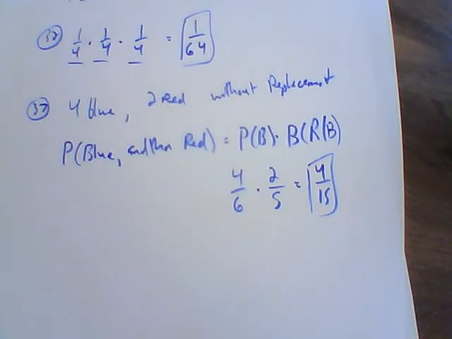Also within the description, try to figure out, do you have multiple things going on within one event, or are you talking about 2 completely different trials that you're working with? So those different trials, that's generally where that multiplication comes into play versus that addition. Now, it's not always like that, so don't quote me that that's how it has to be, but that's a nice indicator that we can start looking at.